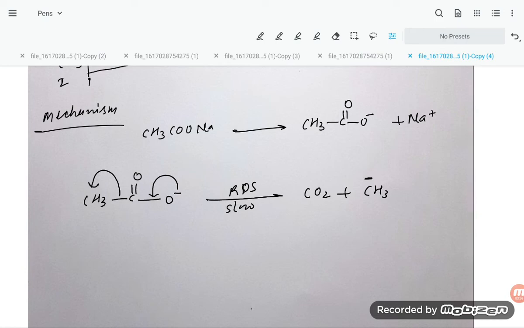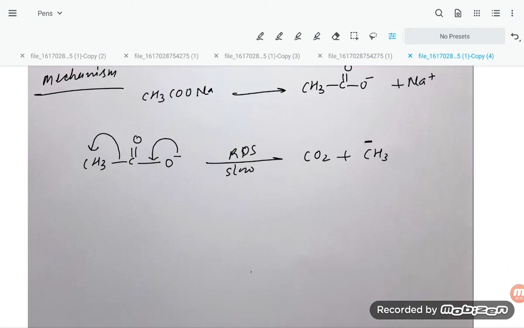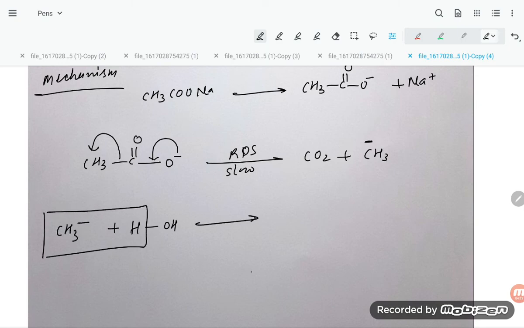Now, students, this R minus is treated with HOH. R minus here means CH3 minus, so it is going to combine here. So it is forming CH4 and OH minus.